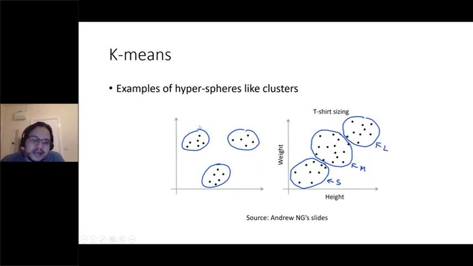It's close to a sphere, like here, here, here. What do you think, guys? Yeah, true. So the clustering for k-means is always going to look like that.